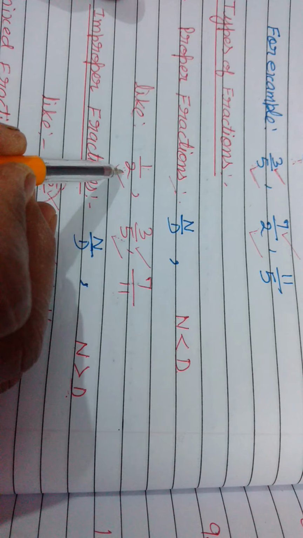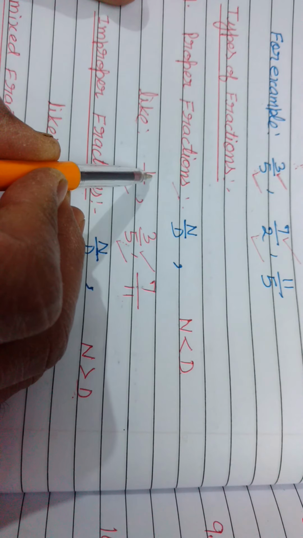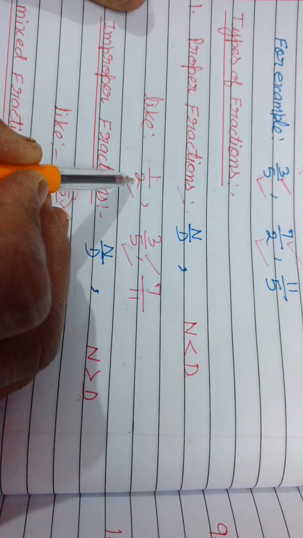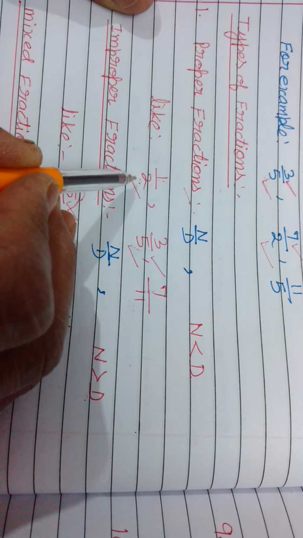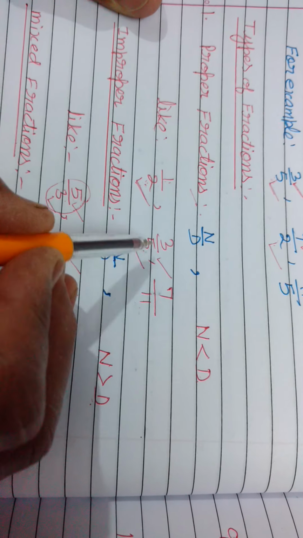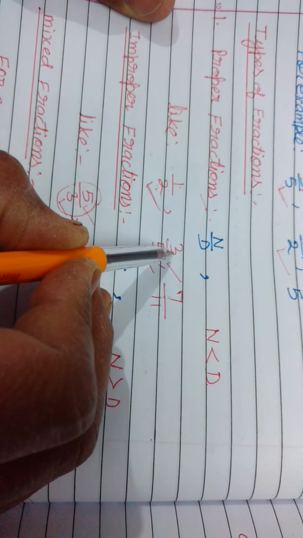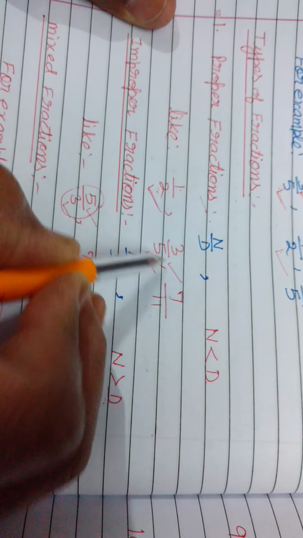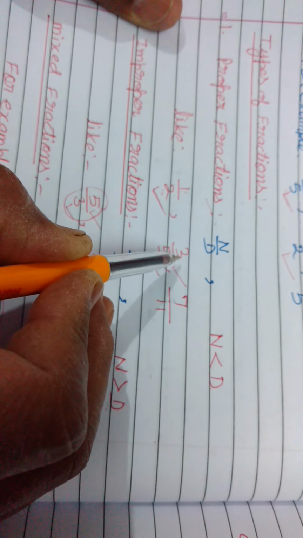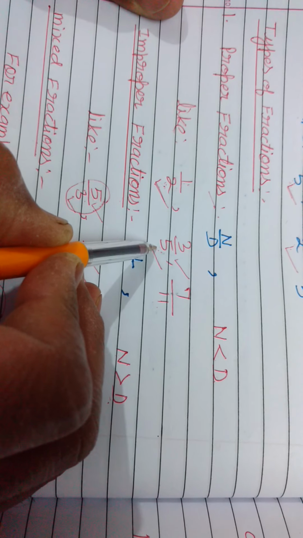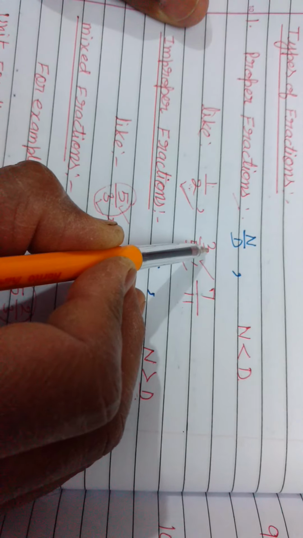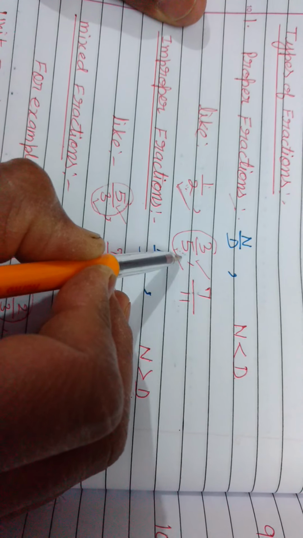In 1 upon 2, the numerator 1 is less than the denominator 2, so it is a proper fraction. Same way, in 3 upon 5, 3 is less than the denominator 5, so 3 upon 5 is a proper fraction.